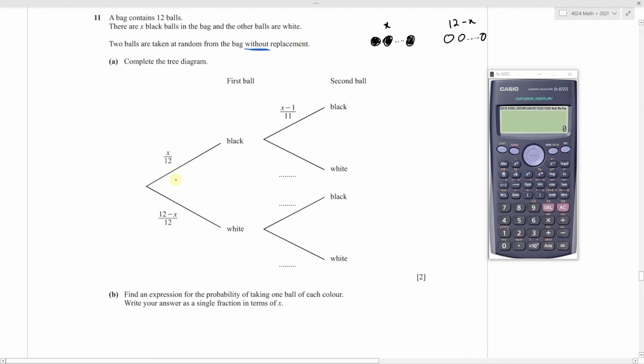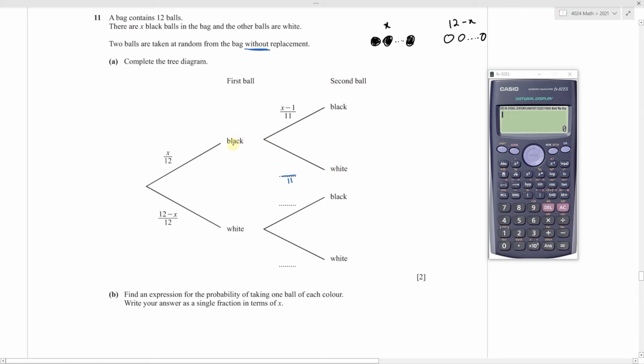So let's complete the diagram. If you choose the first one, which is black, you have to fill in the probability that the second one is white. Now that you've chosen one ball already, how many are left? 11 are remaining. And how many white are remaining?